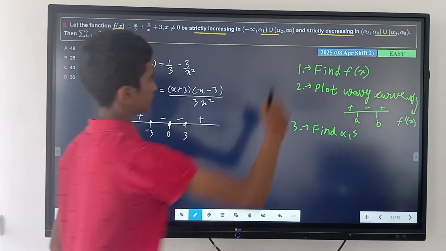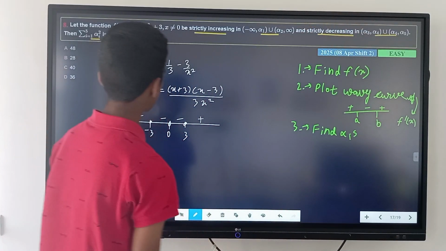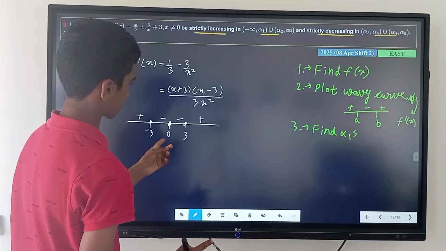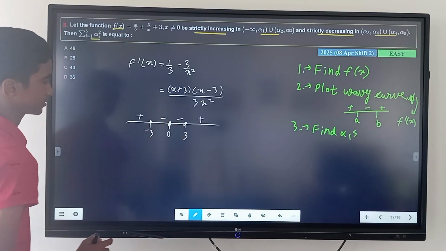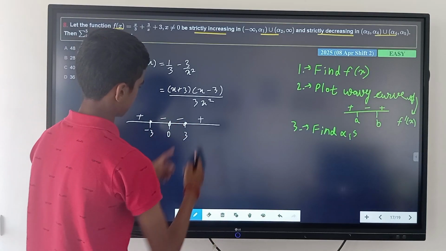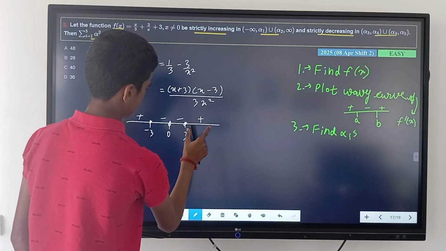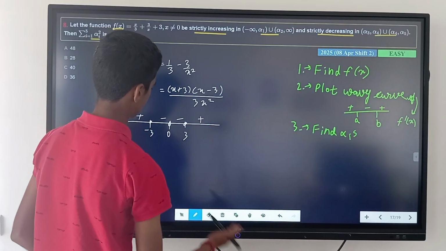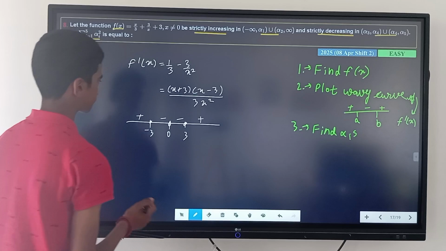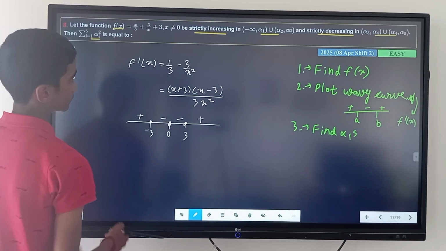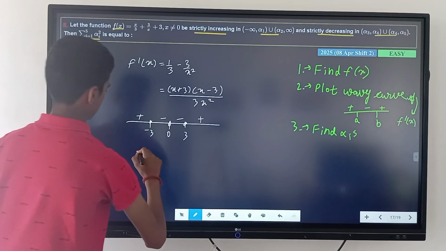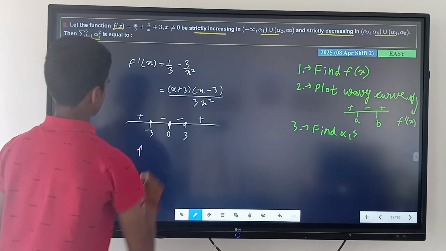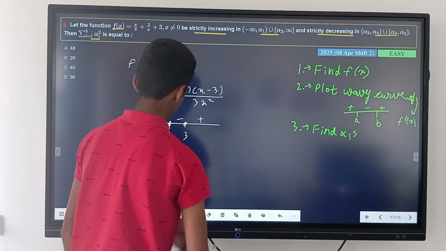Where the signs are negative, it's strictly decreasing. And I also used the shortcut to find the sign change. To verify, you can also put each value, like values for beyond 3, between 0 and 3, and so on.